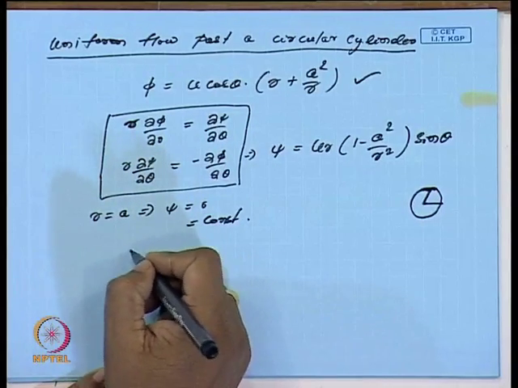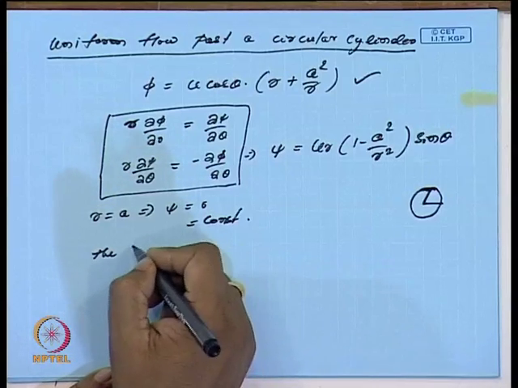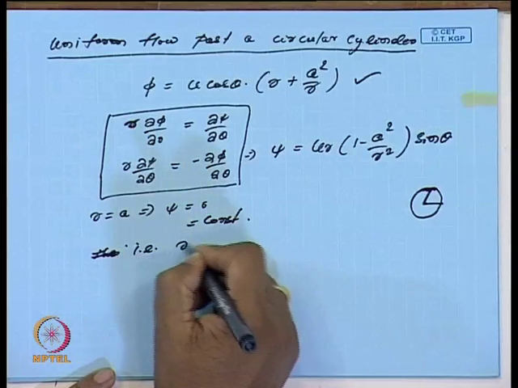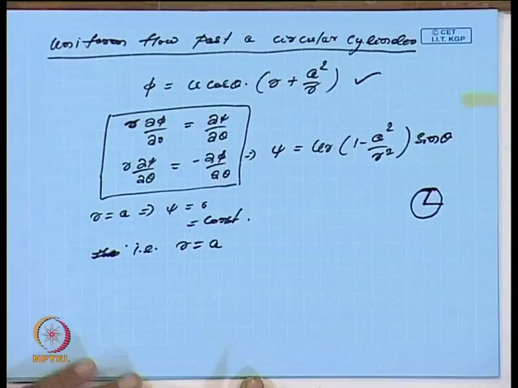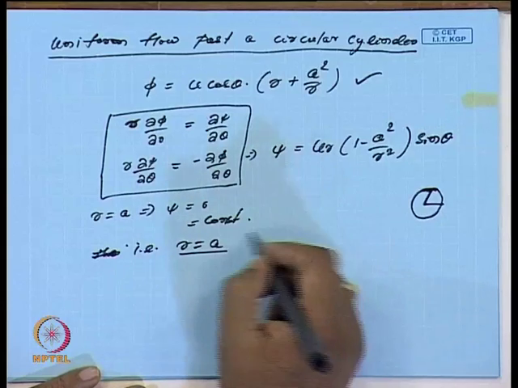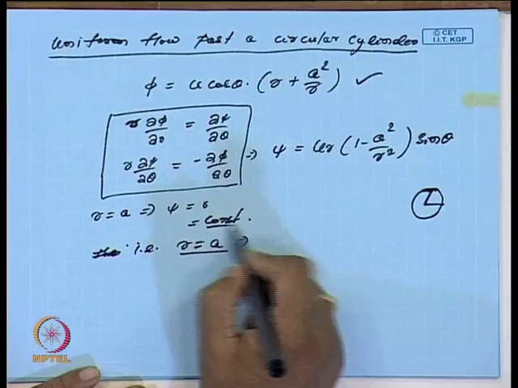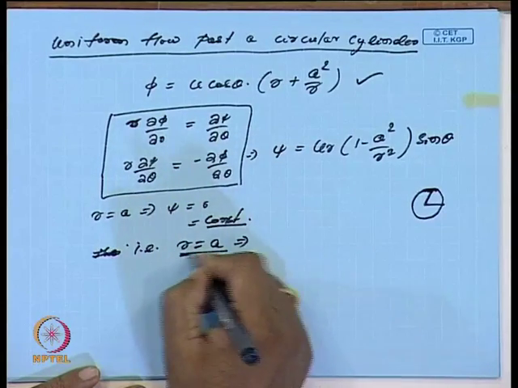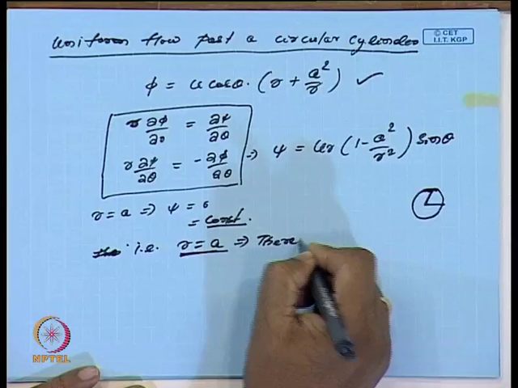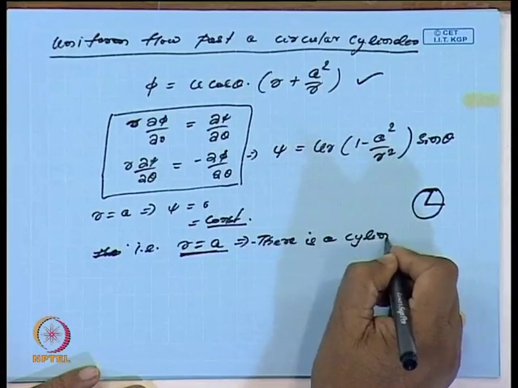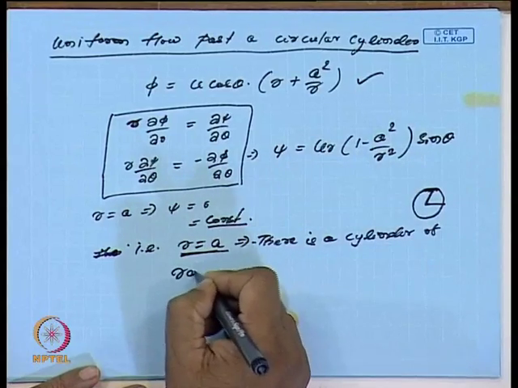That means, if a is the radius of this circular cylinder, then at r equal to a, psi is constant and there is no flow across this. So, I can always consider there is a cylinder of radius r equal to a.